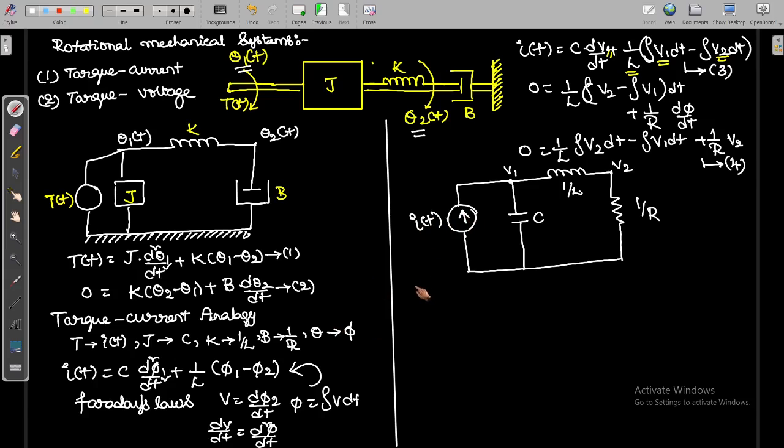Now let us take torque voltage also. So the torque voltage analogy. In case of torque voltage analogy, what are the terms that can be replaced?